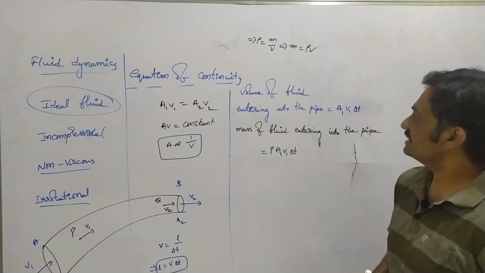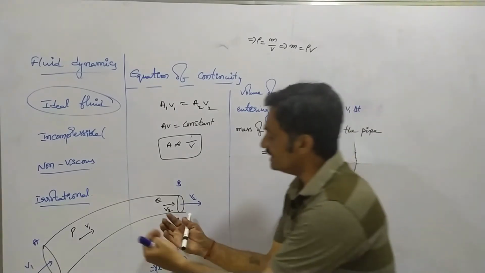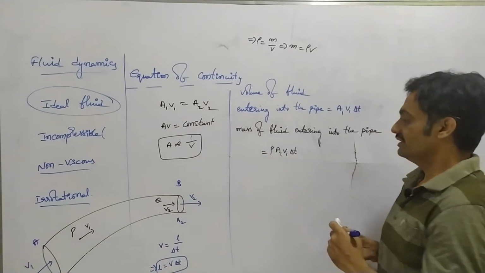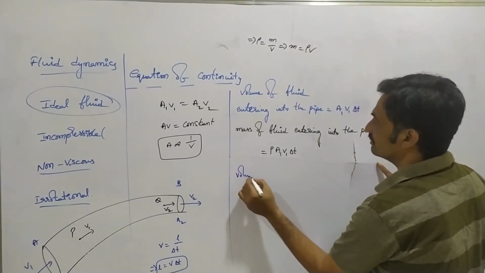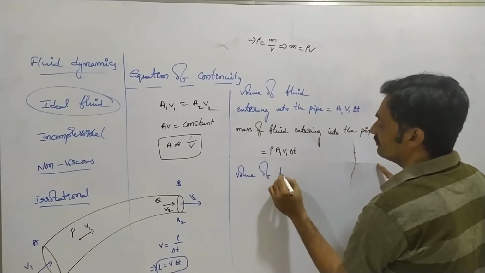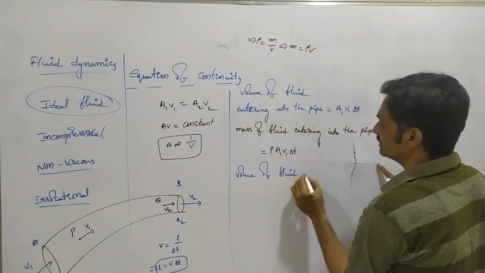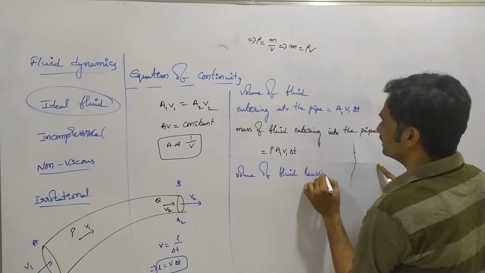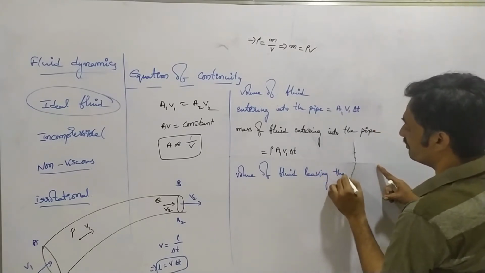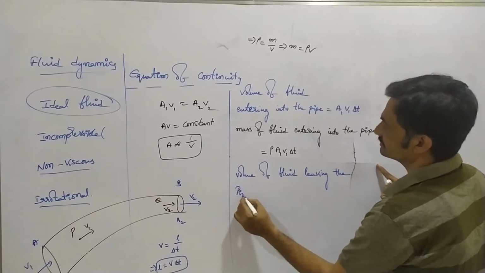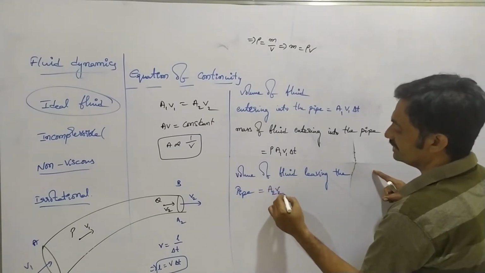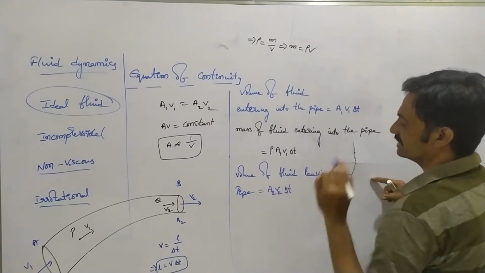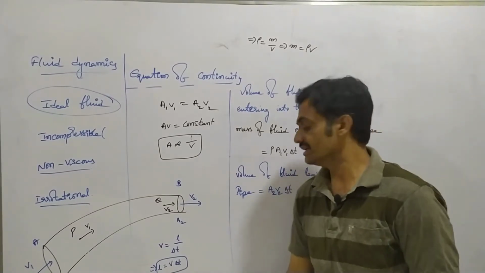Now we have to represent the volume of fluid leaving the pipe. The volume of fluid leaving the pipe is A2 V2 into delta t, as we had seen earlier.